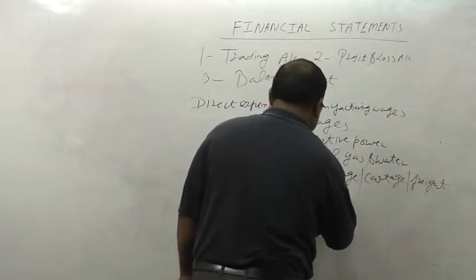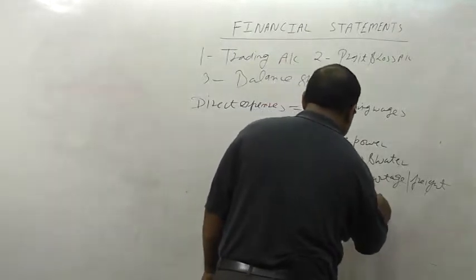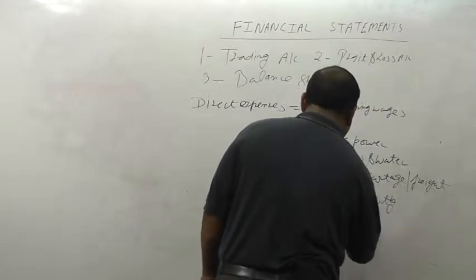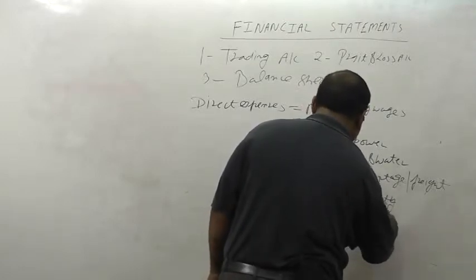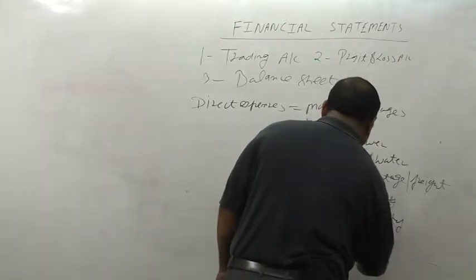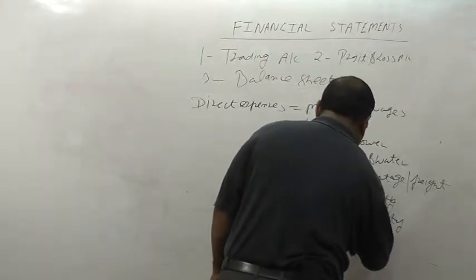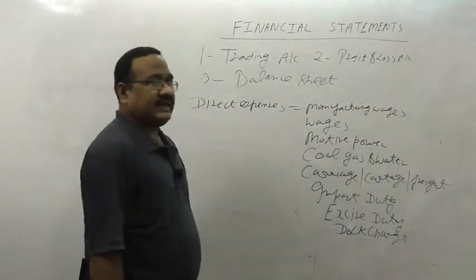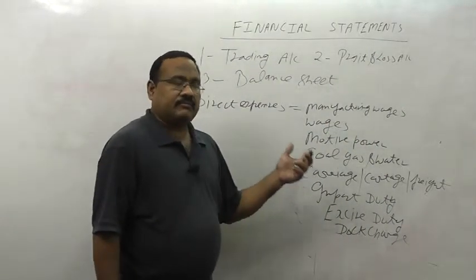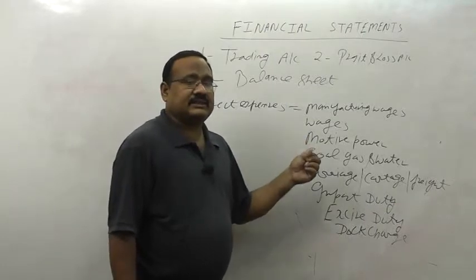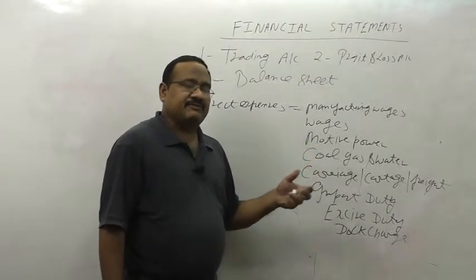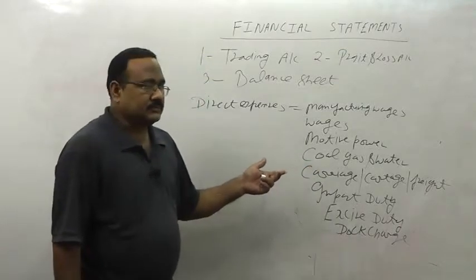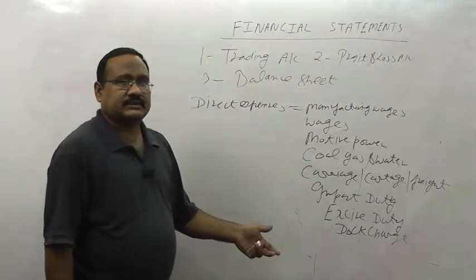import duty, excise duty, dock charges, factory lighting. The word factory, we will identify the word, either it's factory lighting or factory power, all are direct expenses.